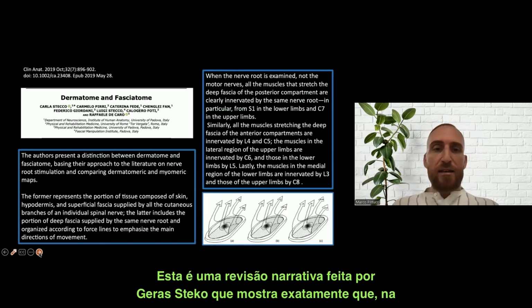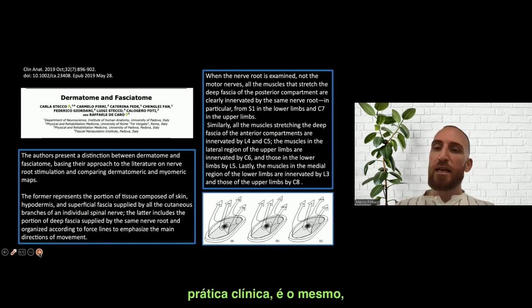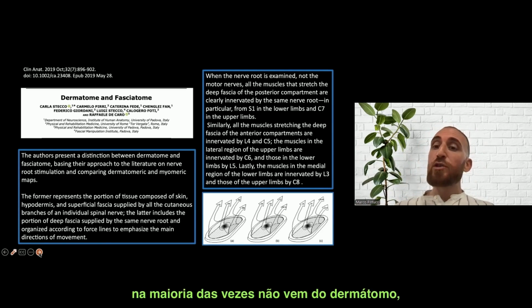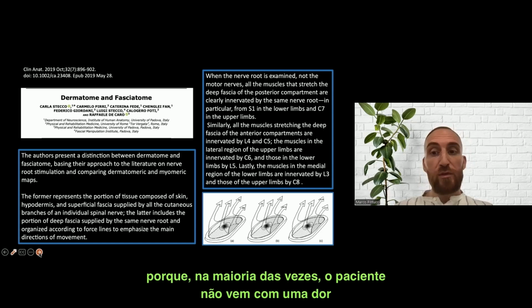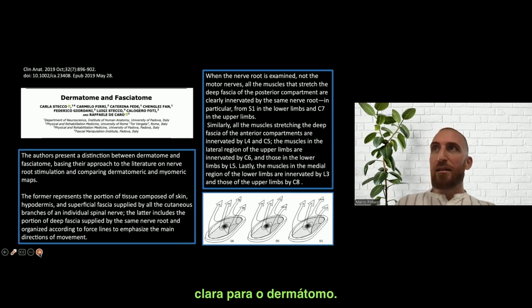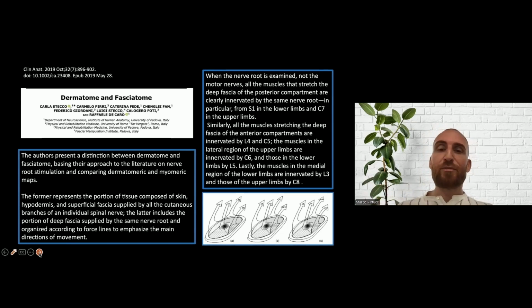This is a narrative review published by Carla Stecco that shows exactly that most of the time the referred pain pattern that we see in our clinical practice does not come from the dermatome. We also know that the dermatome can be confusing, because most of the time the patient does not come with a clear pain that follows a clear dermatome, but it follows more the continuity of the deep fascia.